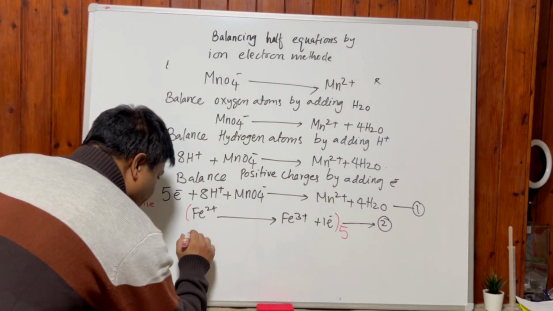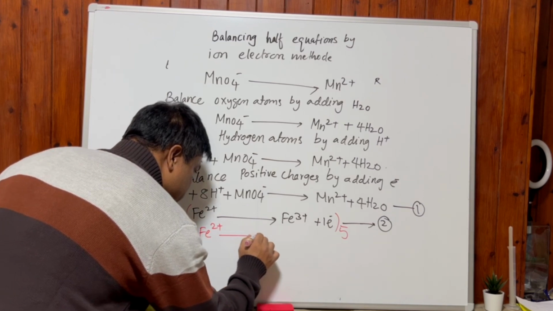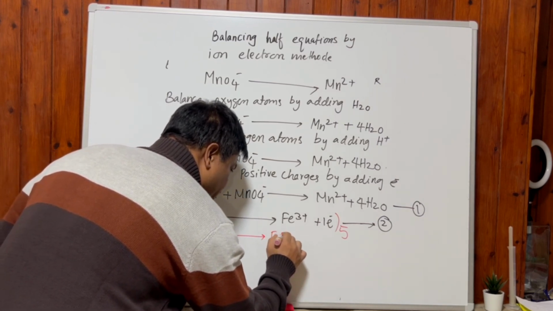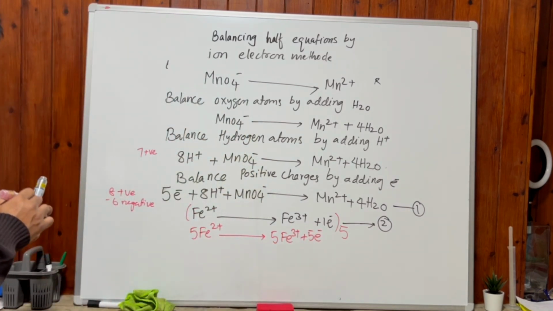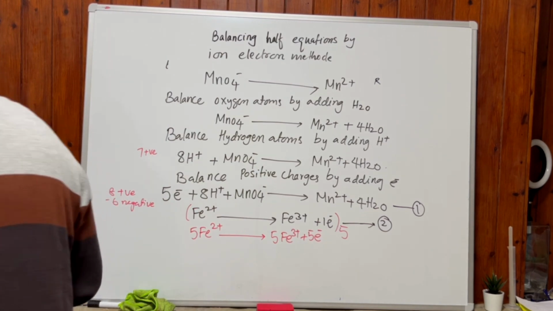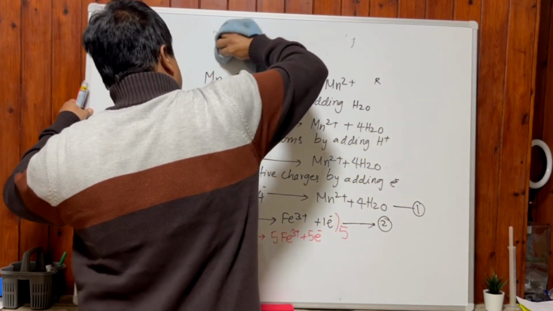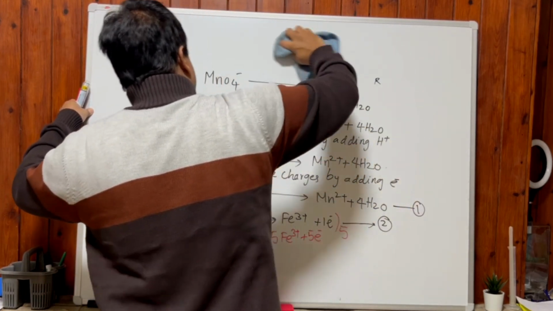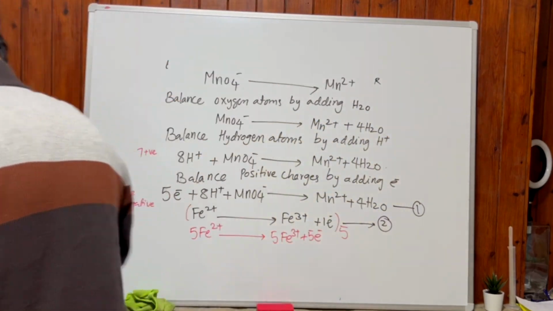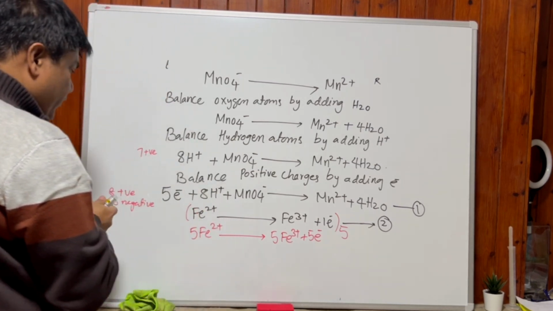So what you will get: 5Fe2+ becomes 5Fe3+ plus 5 electrons. Agree? Now look at the other one.